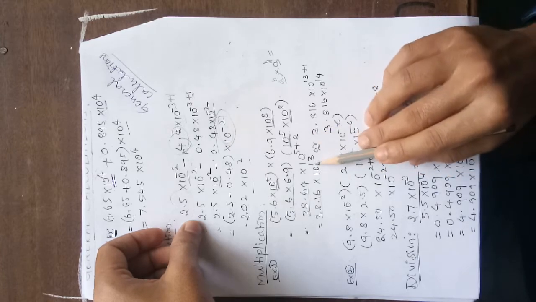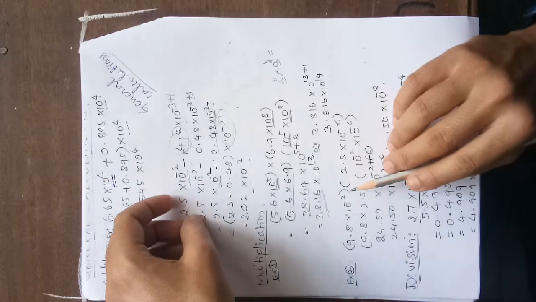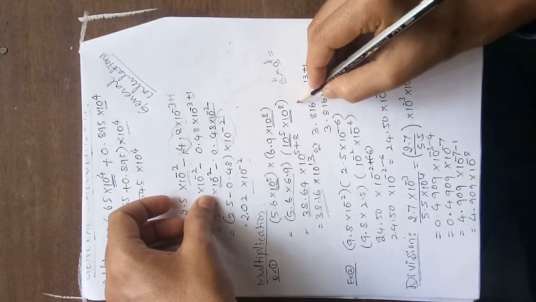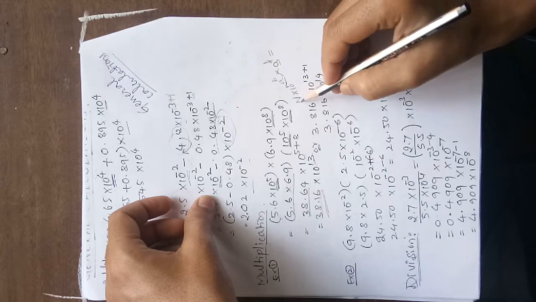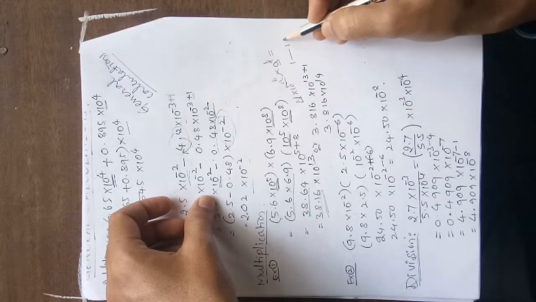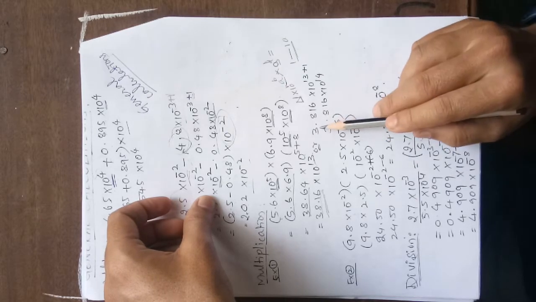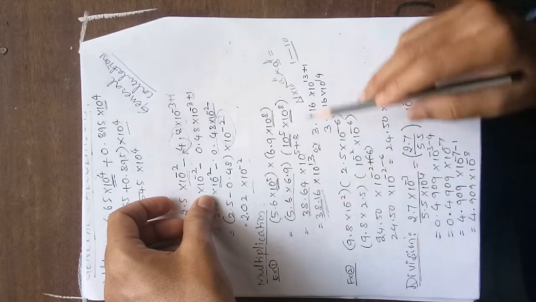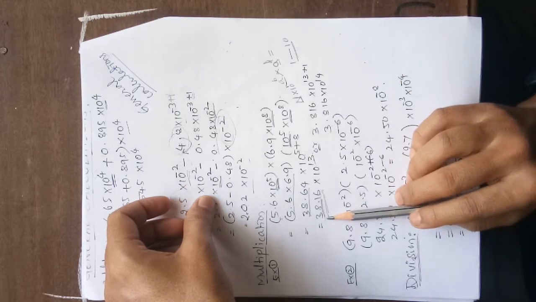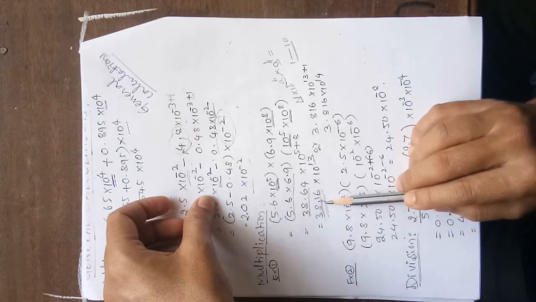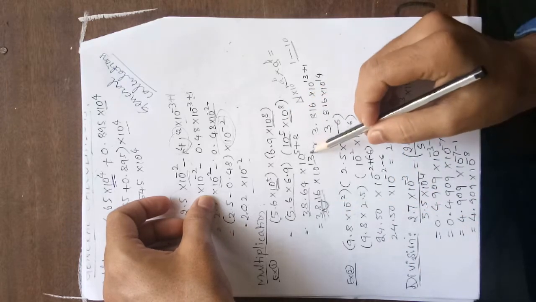So we will always keep this value in scientific notation. What does scientific notation say? N into 10 raised to n, where N falls between 1 and 10. This value should come between 1 and 10. Now see here, 38 is more than ten. So what we will do is take this decimal point here, and again we add plus 1.